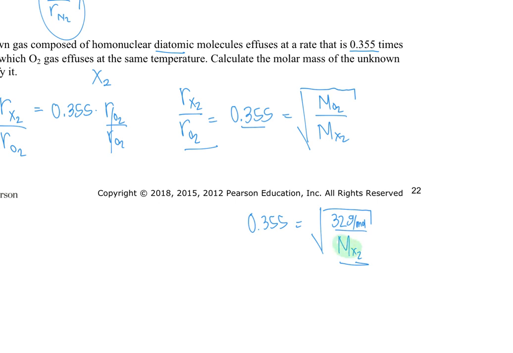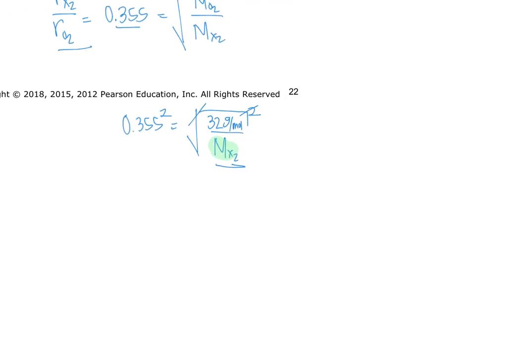the first thing we need to do to isolate it is square both sides. That's going to undo the square root. So we're going to have 0.355 squared equals 32 over the mass of our unknown. And then we want to get the mass of the unknown by itself. So what we want to do is multiply that guy up and move this guy down.